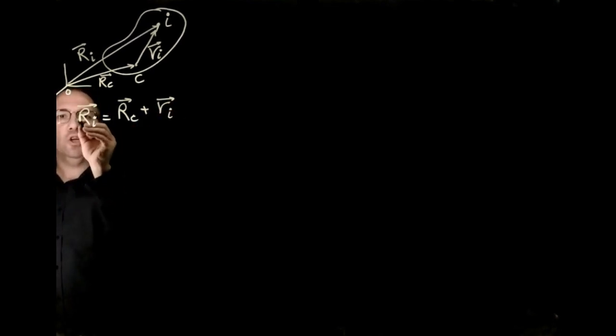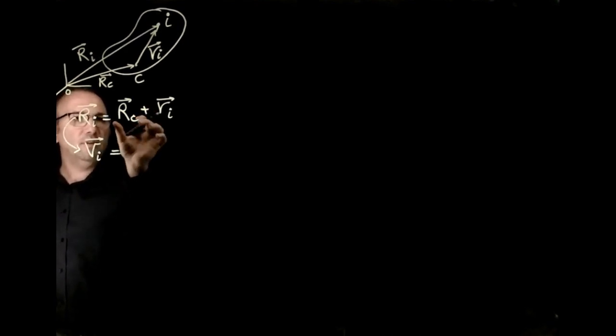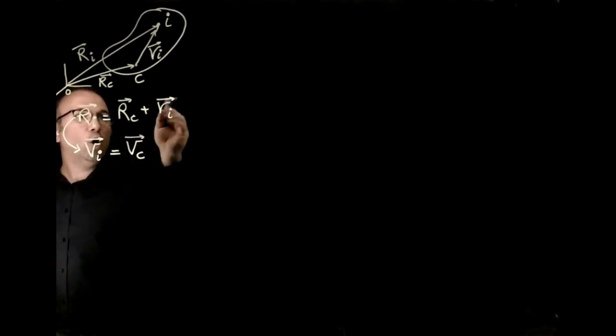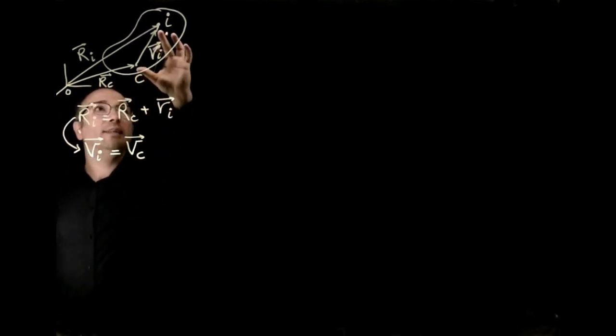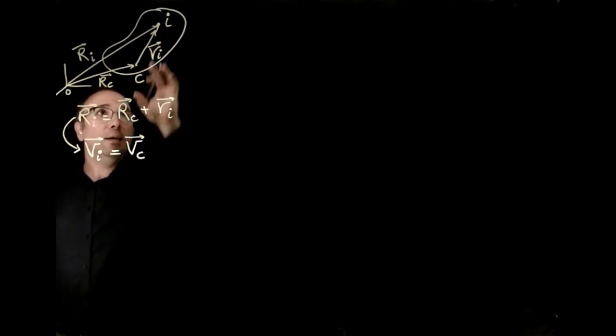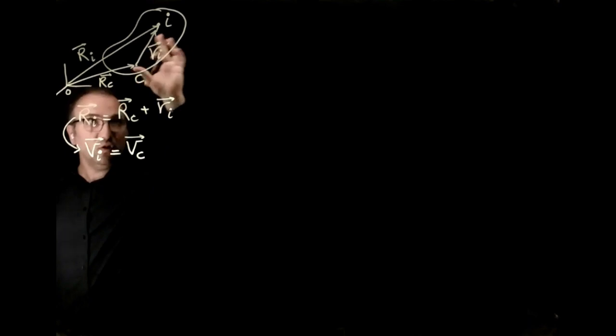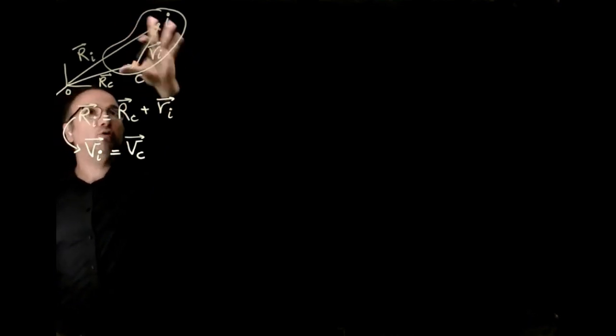Then when I do a one-time derivative, this derivative would be vi, the velocity, equals the velocity of point C, and the derivative of ri. The magnitude of ri is not changing, but the rotation is changing because this rigid body is rotating.